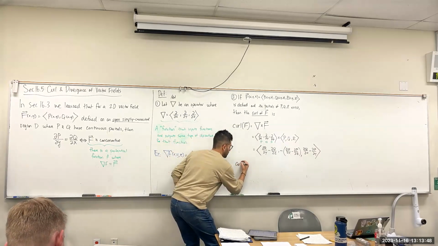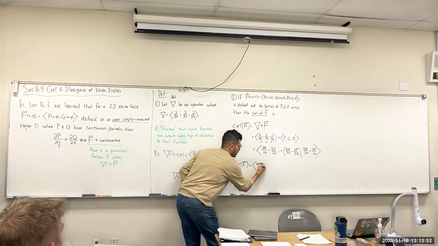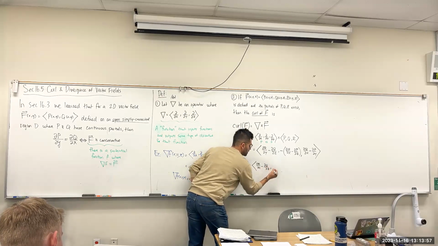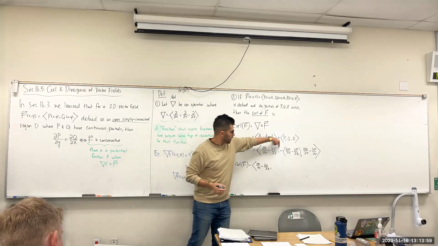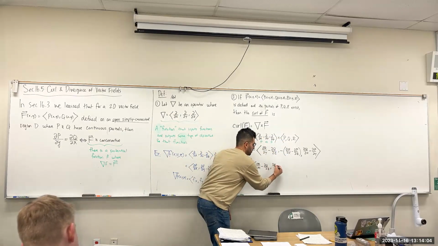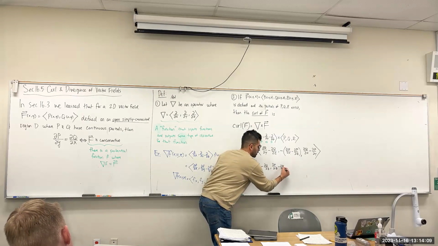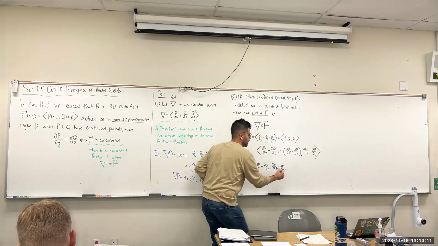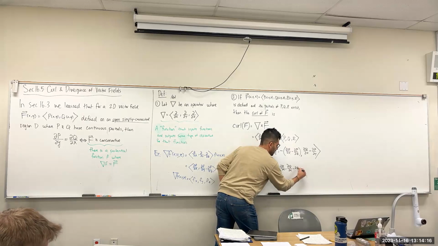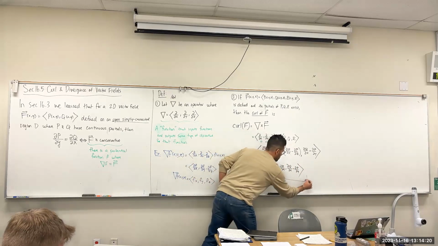And so then we get that the curl of the vector field is going to be partial R with respect to Y minus partial Q with respect to Z. And then here I distribute that negative, so I just rearrange it so that this is positive: partial of P with respect to Z minus partial of R with respect to X. And then partial of Q with respect to X minus partial of P with respect to Y. And that's how we're going to define the curl.